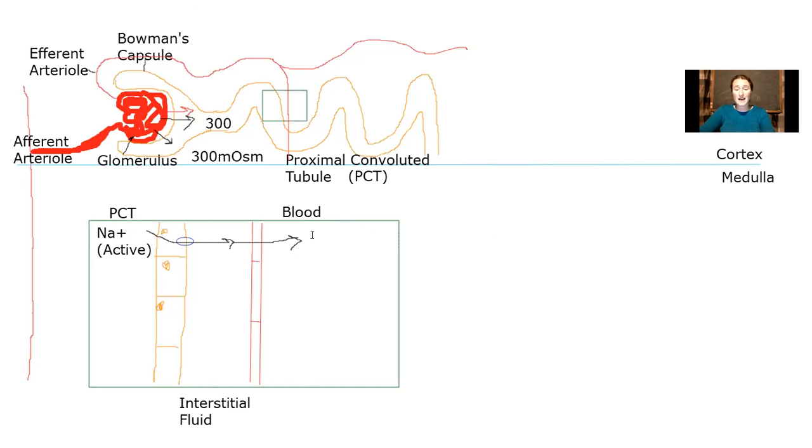Okay, so now we have a lower sodium concentration within the filtrate than we do outside the PCT. As we know, water follows salt. Okay, so we have aquaporins in the membrane of the PCT as well.